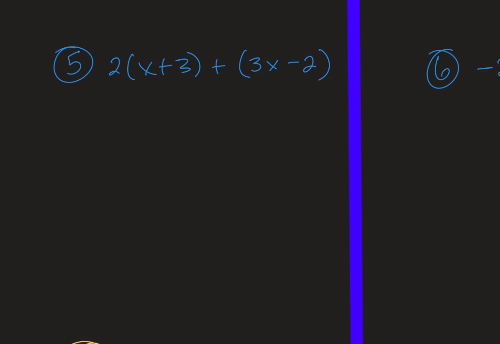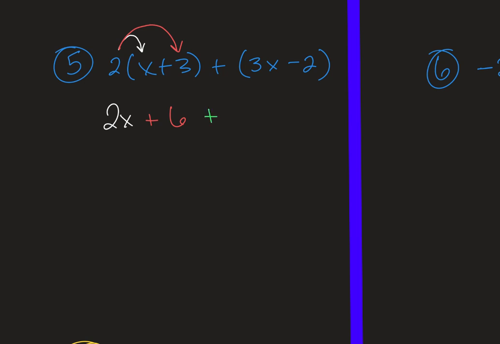Check this out. We just happen to have one group and then another group, right? So this one is distributing 2 times x is 2x. 2 times 3 is 6, okay? This guy, this is what we did yesterday, where, guess what? When you are adding, nothing really changes about what you're doing.